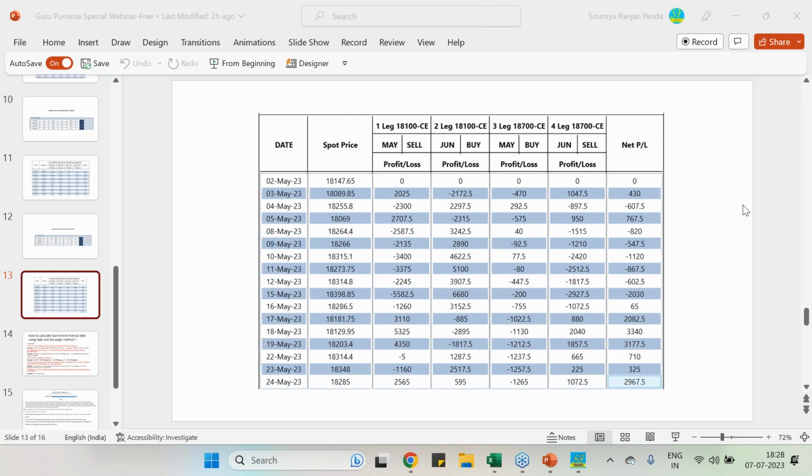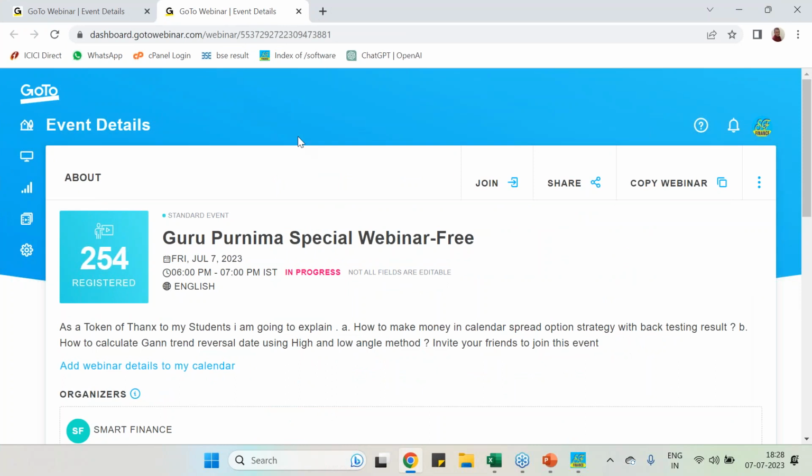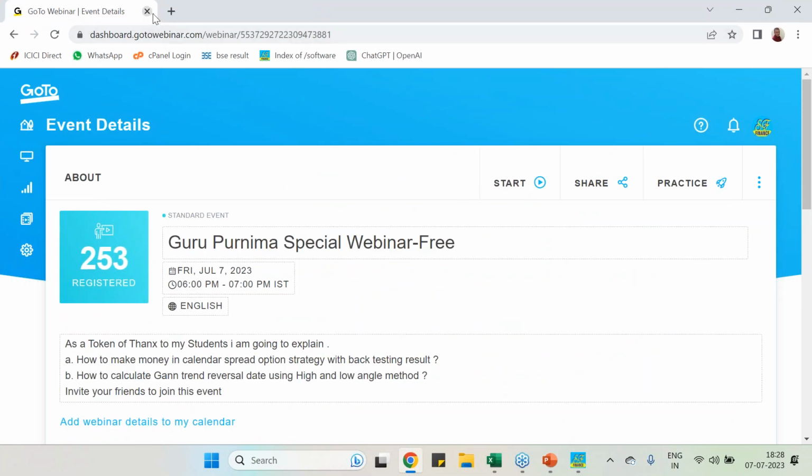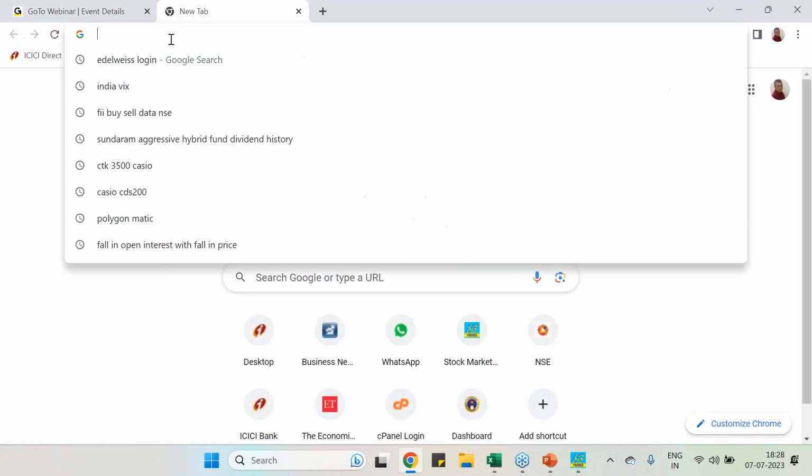We have identified that. How to know that? There is a logic to know when the consolidation, or after how many price points the consolidation, is going to hit. So for this, first we have to see VIX, the volatility index. We are working in Nifty, so volatility index we have to see.